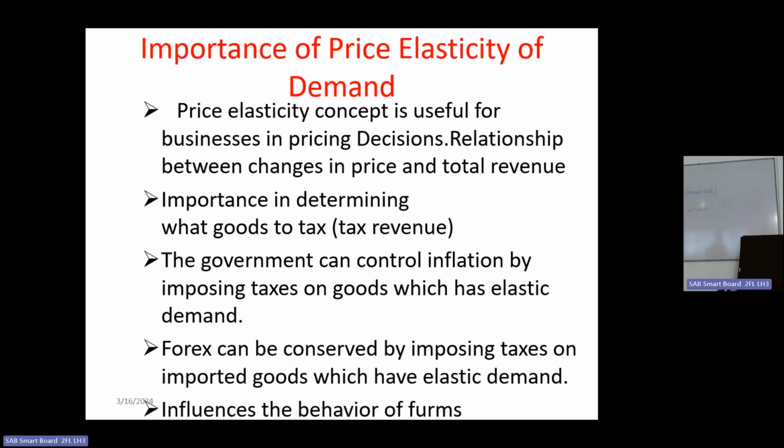Two strategies are there: one is export promotion, the other is import substitution industrialization, right? Rather than importing, we establish substitution industries and produce locally, so that we reduce the imports.